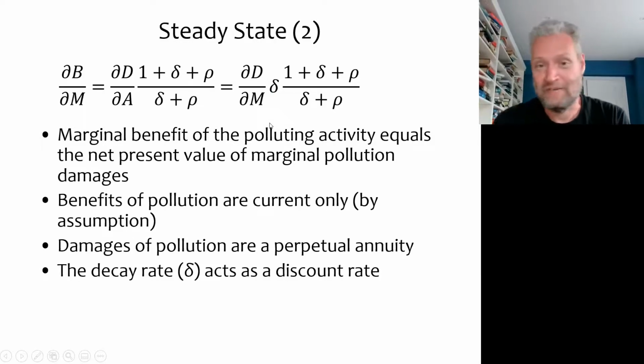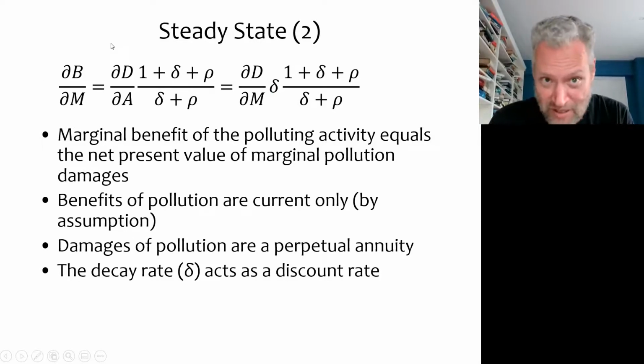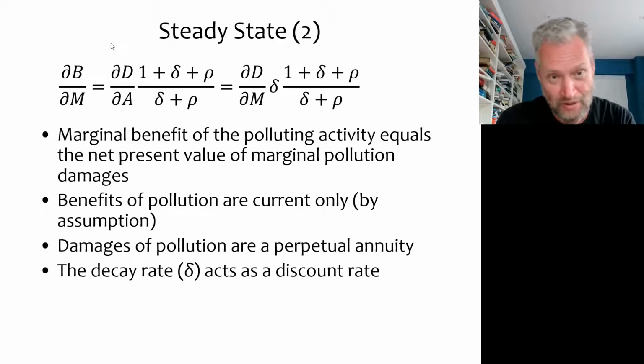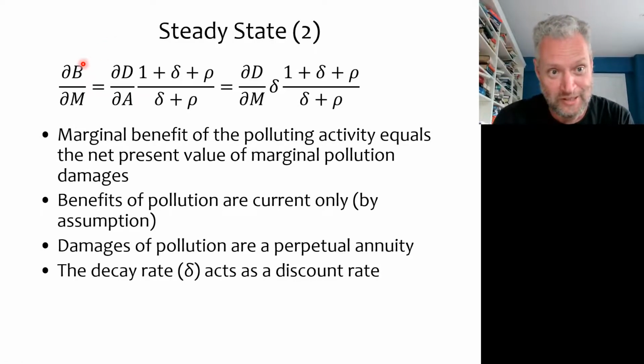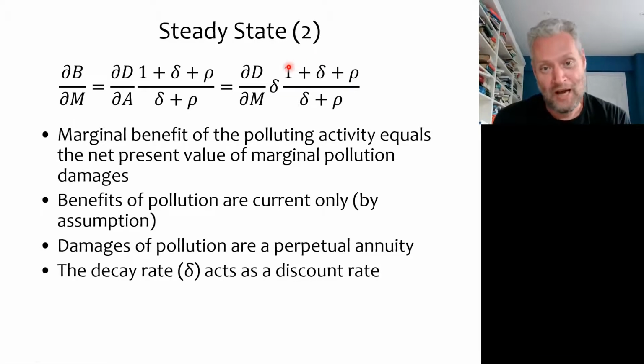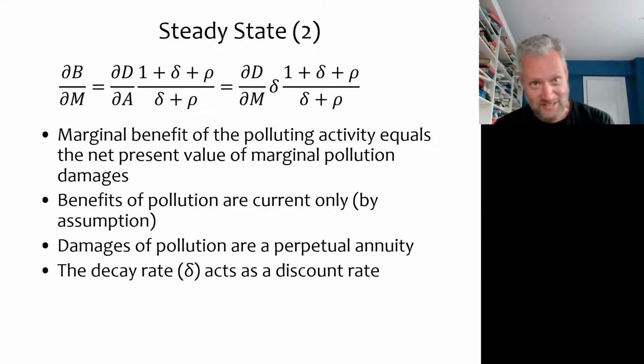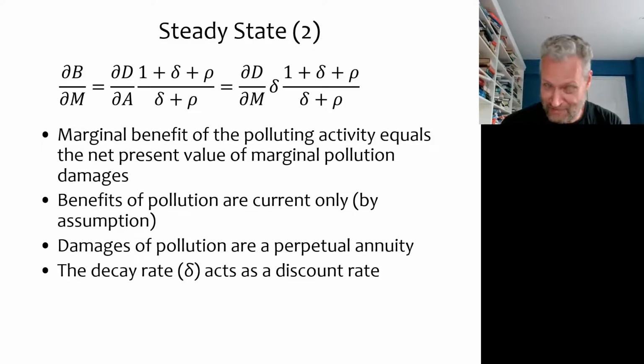So now we're there, we have essentially the same expression as we had for efficient flow pollution. The marginal benefits of the polluting activity should equal the marginal damages of pollution, just as we had before. And then we need to put in a correction factor that essentially says this is not a flow pollutant, but it's a stock pollutant.